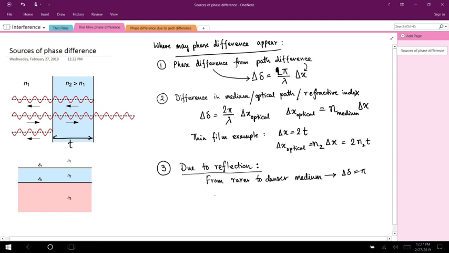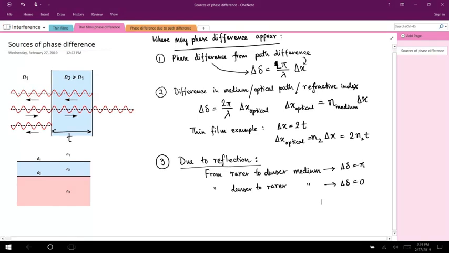But from denser to rarer medium, this delta delta is equal to 0. So this is another source of phase difference. And these are the three sources of phase difference that we're going to discuss and that are going to lead to consequences for interference for us.